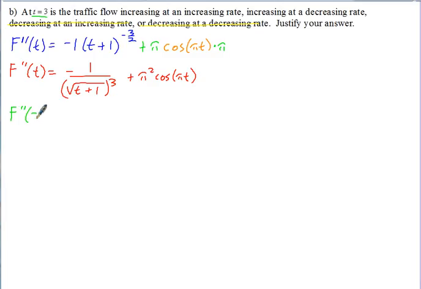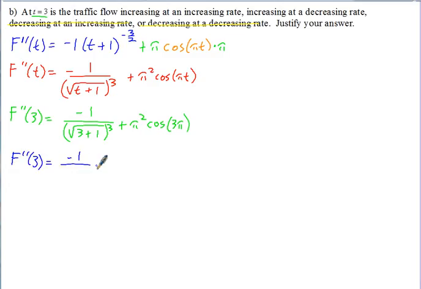So f double prime of 3 would be negative 1 over the square root of 3 plus 1 cubed, plus pi squared times the cosine of 3 pi. Let's see, that's negative 1 over, that's the square root of 4 is 2, cubed is 8. Cosine of 3 pi is negative 1, that's implicit, times pi squared, so that makes that negative pi squared.